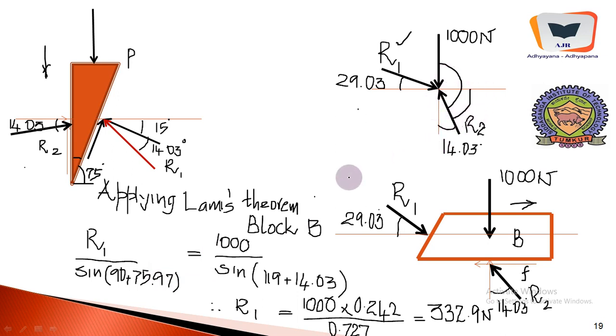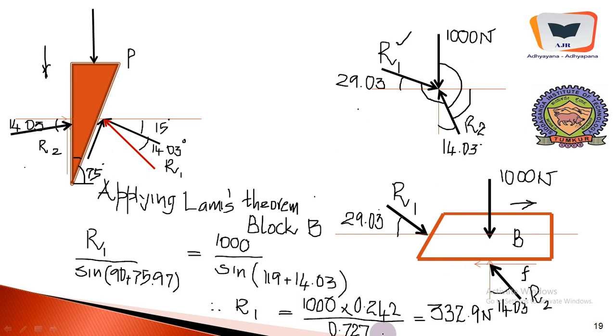Therefore 90 plus 75.97, equals 1000 over sine of this angle. This angle is 119, that is 90 plus 29.03, that is 119, plus 14.03. This total angle is this. Therefore we calculate R1 to be 332.9 Newton.